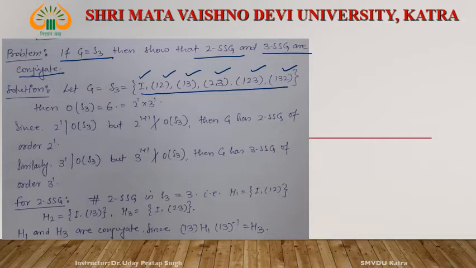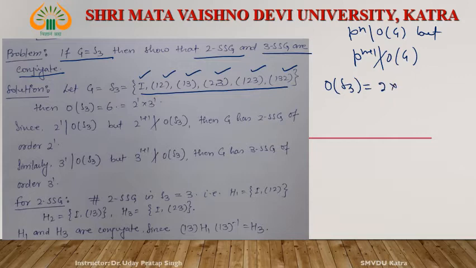First you have to verify whether it contains a p-Sylow subgroup or not. What is the criterion for a p-Sylow subgroup? P to the power n divides the order of G, but P to the power n plus 1 does not divide the order of G. And what is the order of S3? This is 2 into 3. 2 to the power 1 divides the order of S3, but 2 to the power 1 plus 1 does not divide the order of S3.